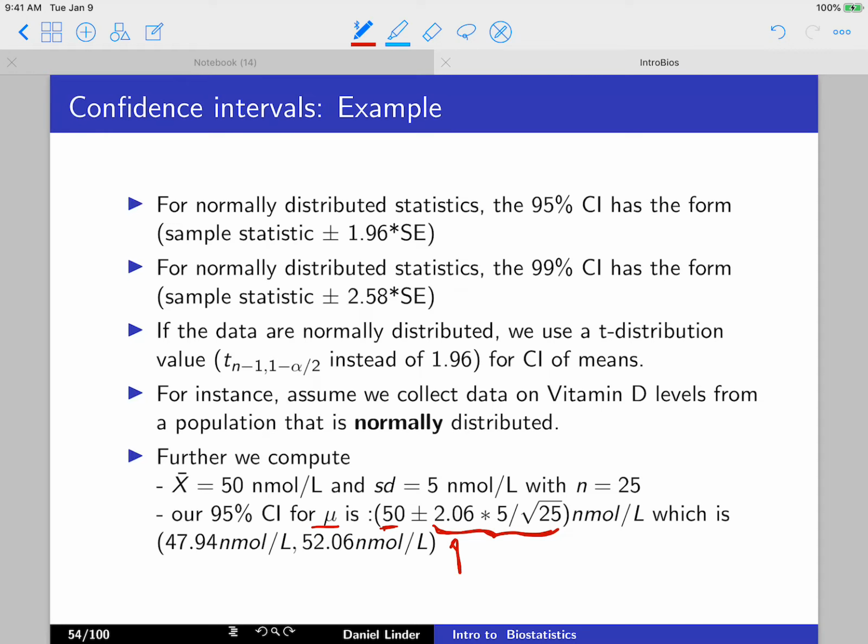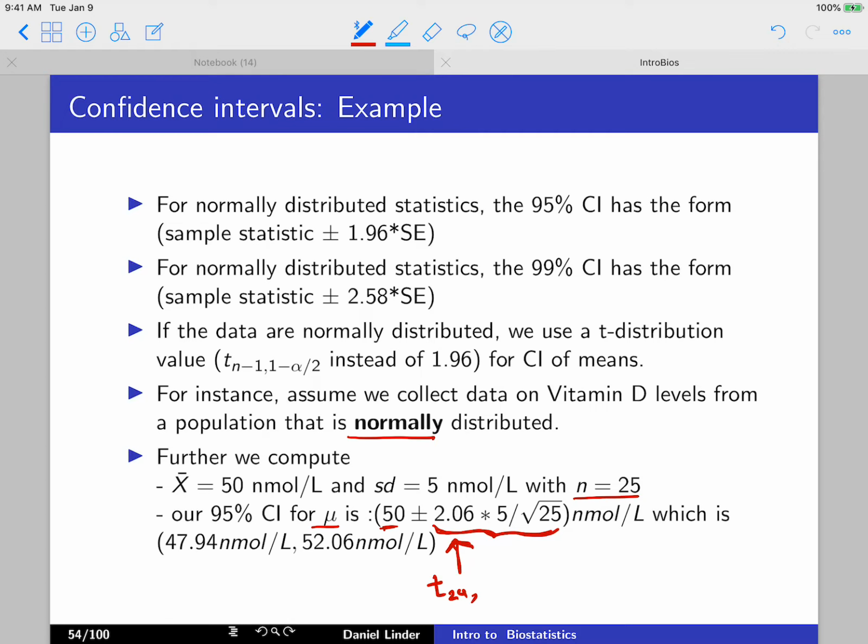Well, this guy right here, since we've assumed that our underlying population is normally distributed, then we know we can appeal to the t-distribution, and that's precisely what this 2.06 number is. It corresponds to the appropriate quantile from a t-distribution with 24 degrees of freedom because the appropriate degrees of freedom is n minus 1 if we're talking about a one sample situation.